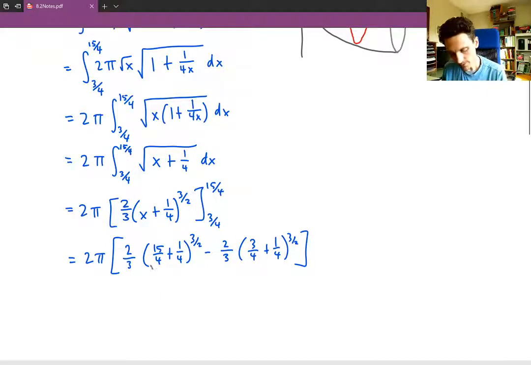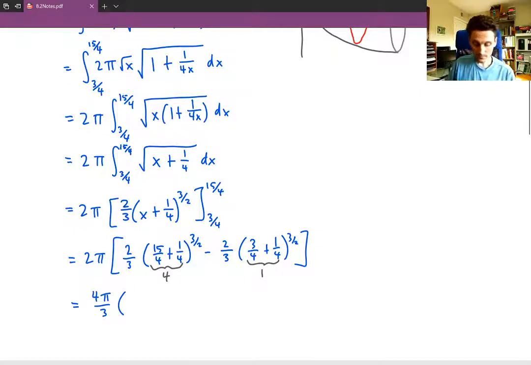Here, if you look at 15/4 plus 1/4, that's 16/4, which is 4. And here, 3/4 plus 1/4 is 1. So this simplifies quite a bit. In fact, you could take the 2/3 and factor it out and write 4 pi over 3. And then you have 4 to the 3/2, that's the square root of 4, so the square root of 4 is 2, raised to the 3 is 8.